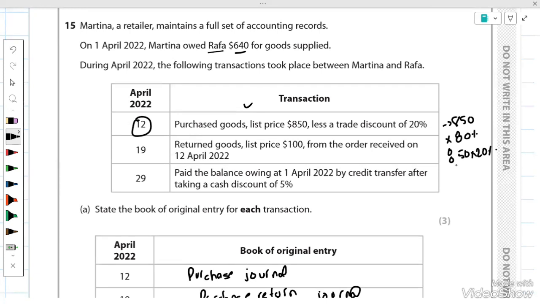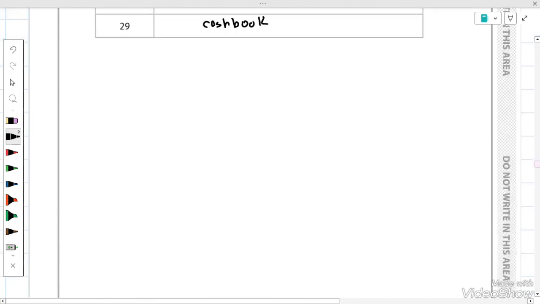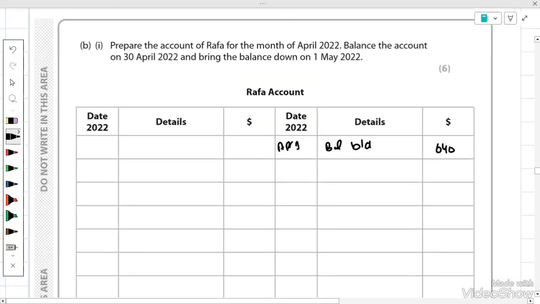This is your choice. If you want to directly multiply 850 with 80%, the answer will be the same. So 680 will be our answer. After deducting the trade discount, the amount in which you purchase the raw material from Rafa will be 680.